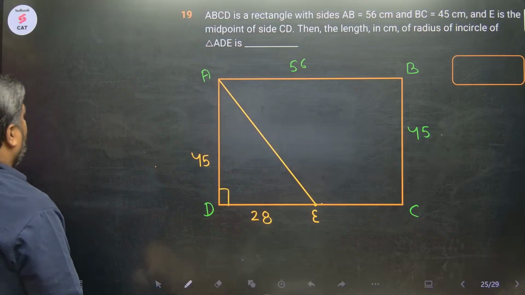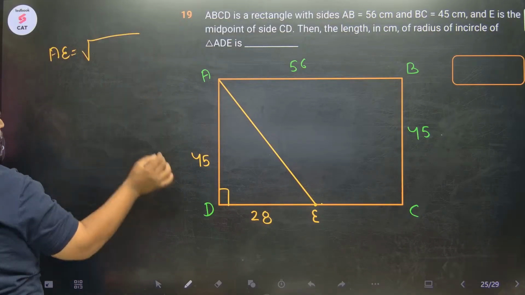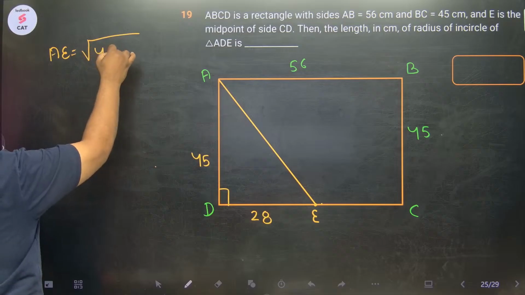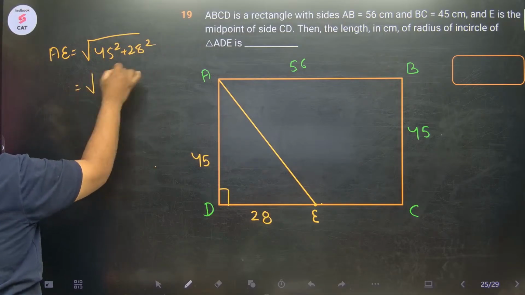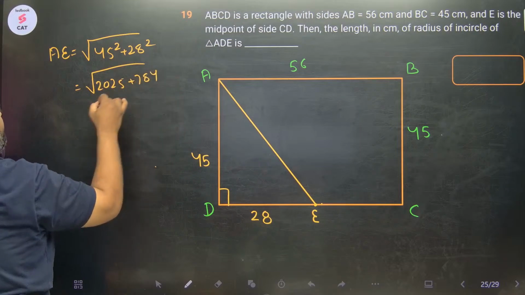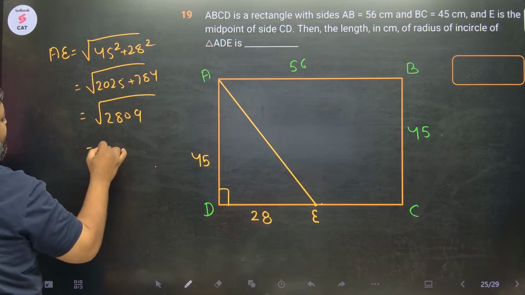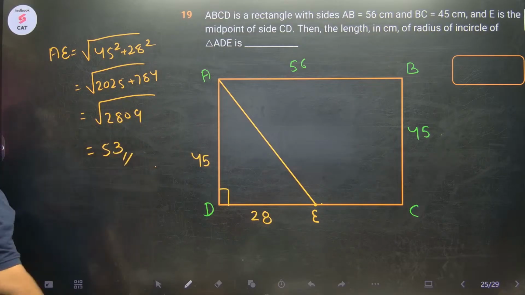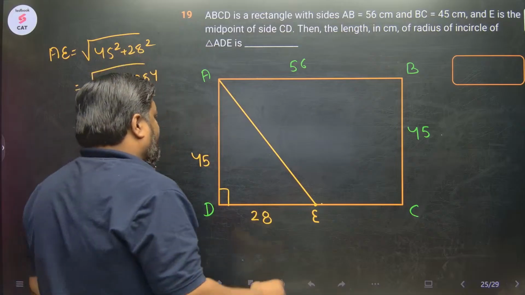AE is the square root of 45 square plus 28 square. So this is the square root of 2025 plus 784, which is 2809, and this is 53. AE is 53. Very good.